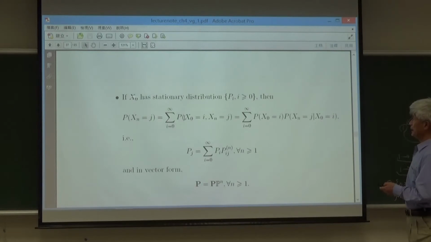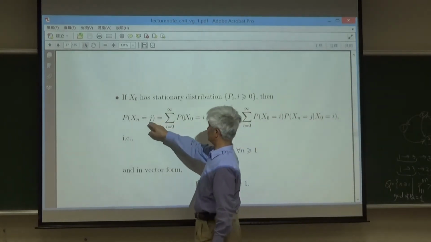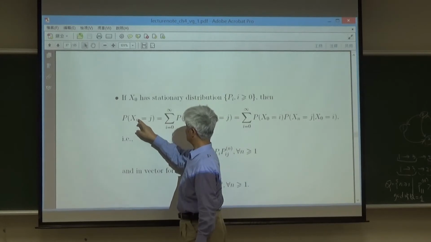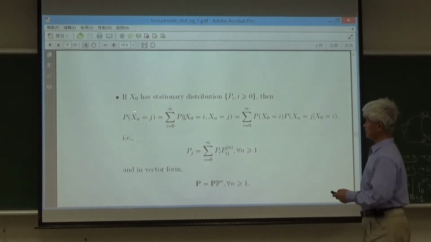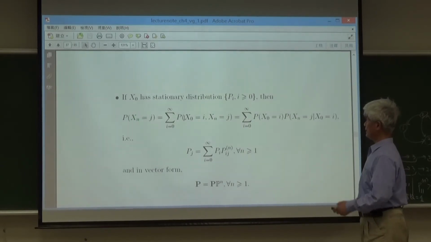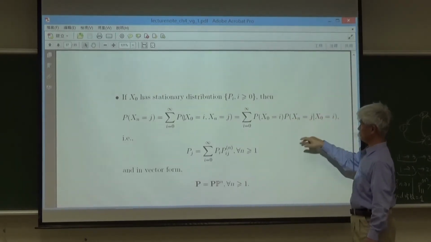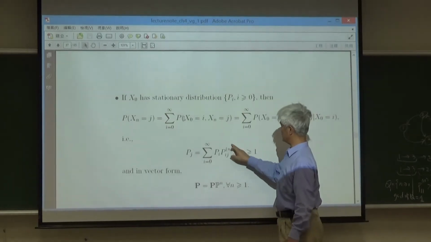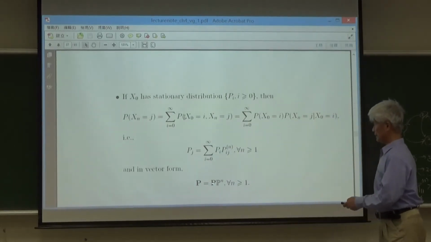Okay, so now if the initial state has the stationary distribution, we want to find the distribution at time n, which can be expressed by the n-step transition probabilities. But we already know that this is true, so basically pi P equals pi P to the n.